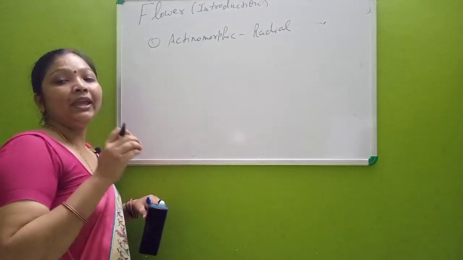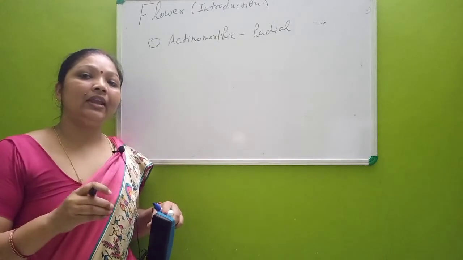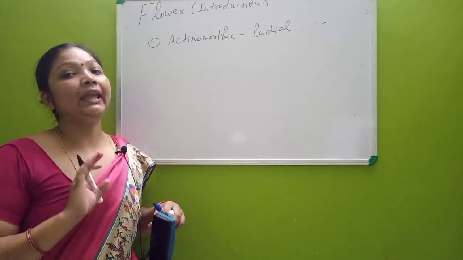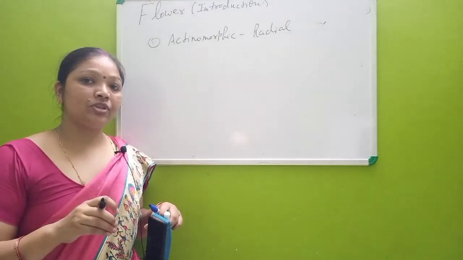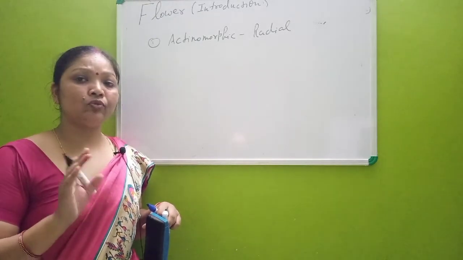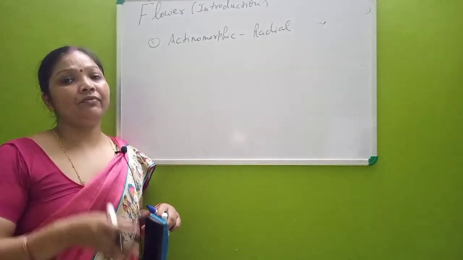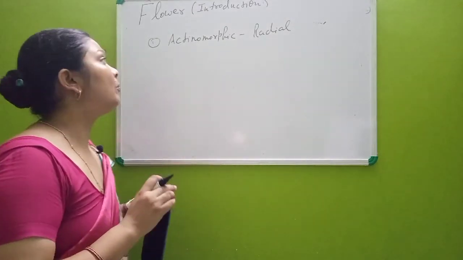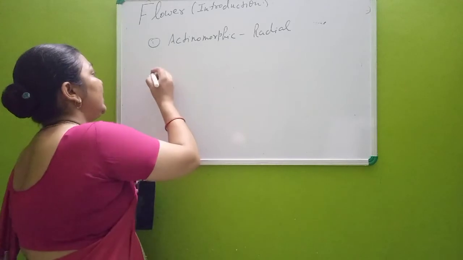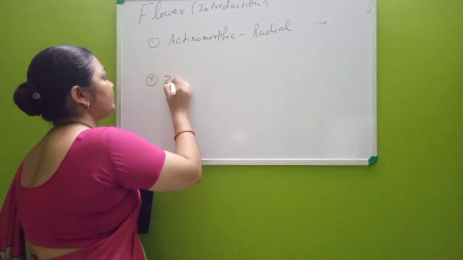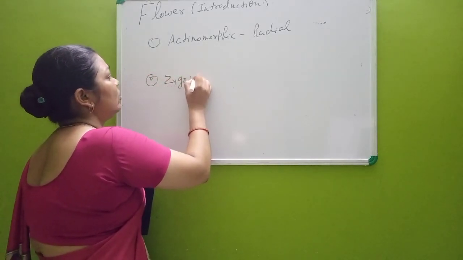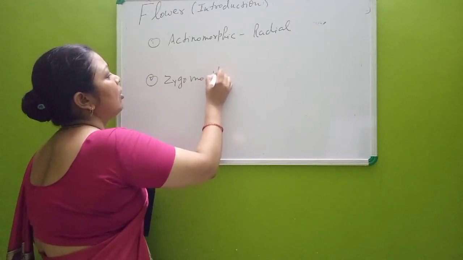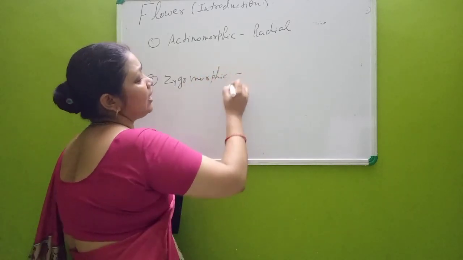It means we are able to cut the flower into 2 equal parts from any plane. Suppose there is a flower, we are able to cut it into 2 equal parts when we cut from any plane. Then that type of flower is called an actinomorphic flower. The second is the zygomorphic flower.